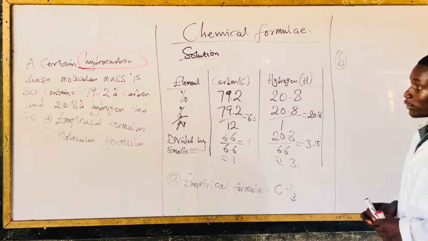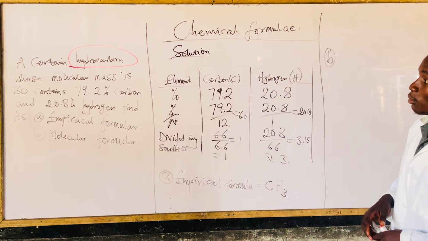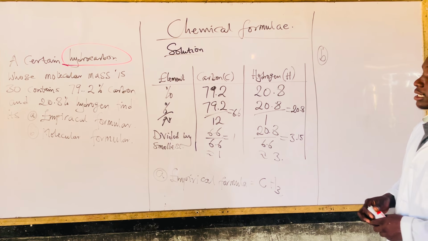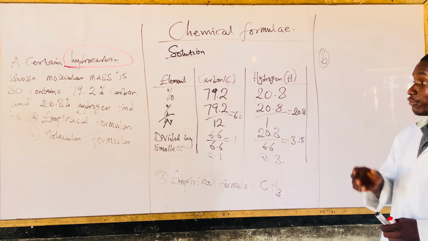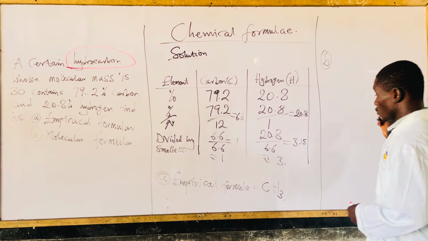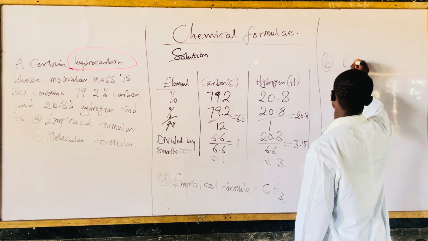With the B, we were told that the molecular mass of that particular compound that will be formed is 30. So we have to take our empirical formula.